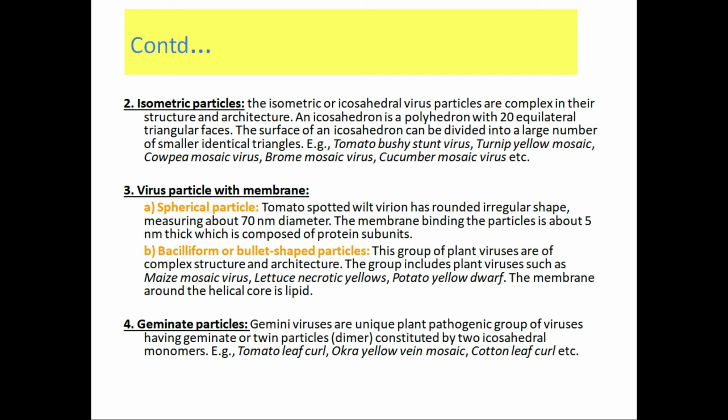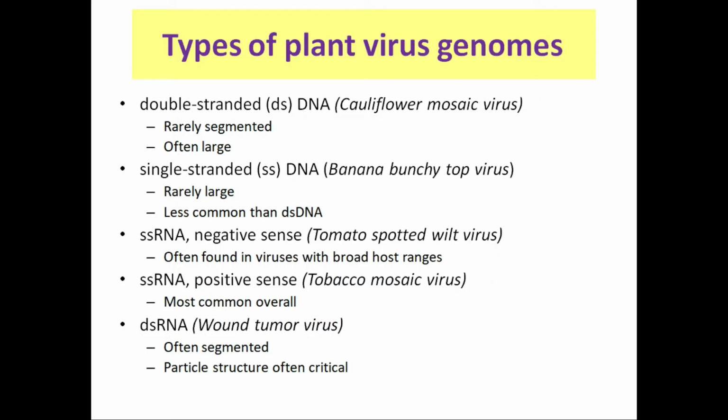So they are all geminate particles. So now we see the types of plant virus genomes. Though we said this in an earlier slide with a diagram, now we see the plant virus genomes clearly here.